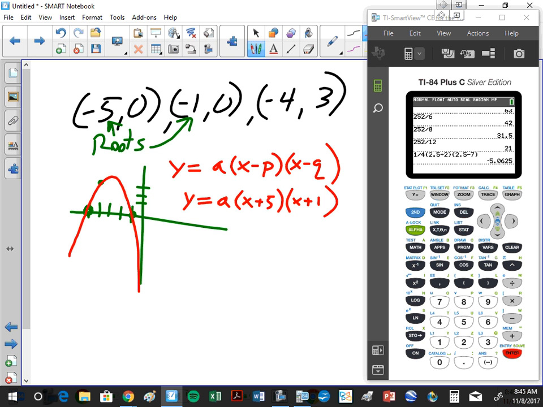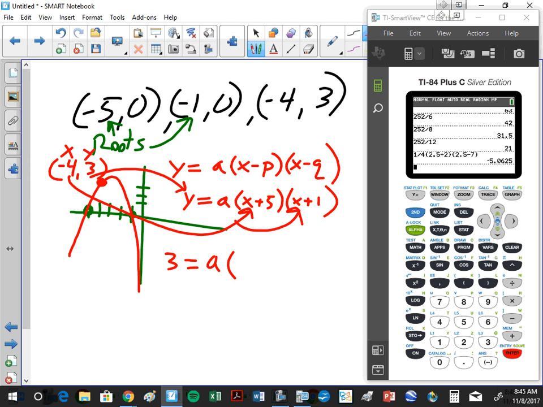A is negative. What I do is take this point here, which is -4, 3, and that's an x and a y, and I plug it in. I'm going to plug this in for x, and I'm going to plug this in for y. 3 is equal to a times, what is -4 plus 5? 1.